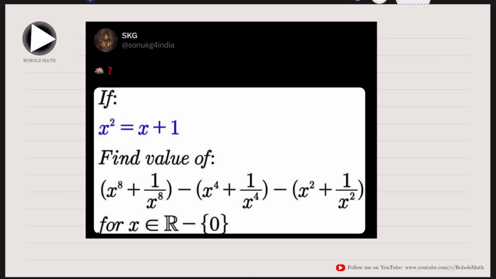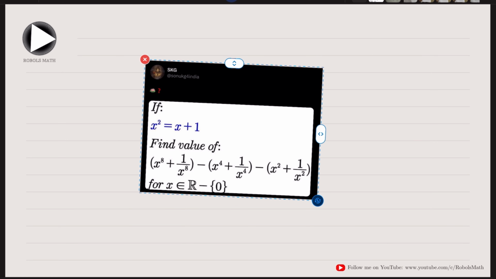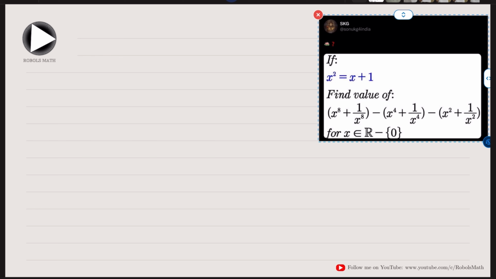So let's start with what's given to us. We're given that x squared is equal to x plus 1. We can put the 1 on the left side so that we get x squared minus 1 is equal to x. And then divide both sides by x.